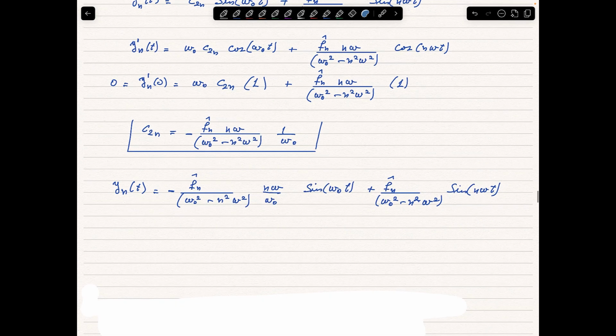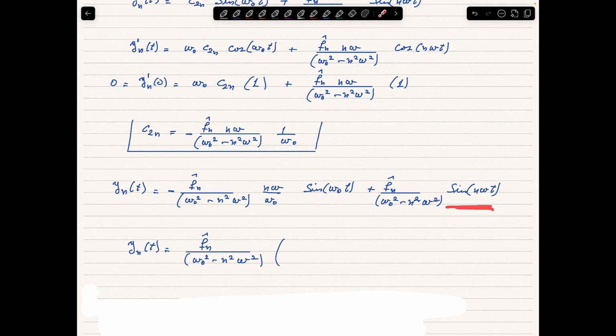So this is the solution, but notice that this factor is the same on both terms, so I'm going to pull it out as a common factor right away, and we are going to have a nicer formula for our solution, which is going to be this factor omega 0 squared minus n squared omega squared, and this is going to be common factor of the second term.